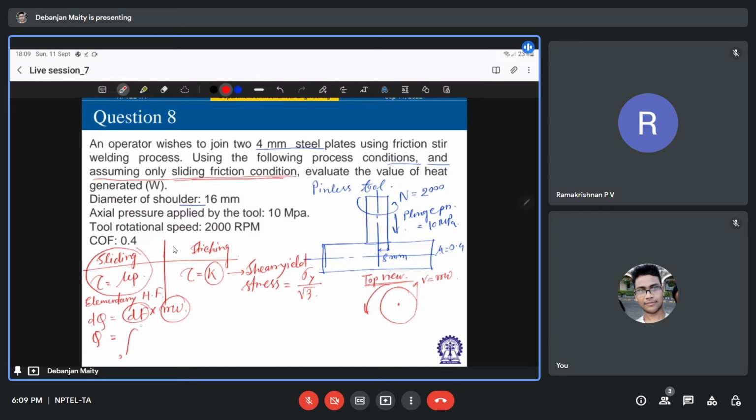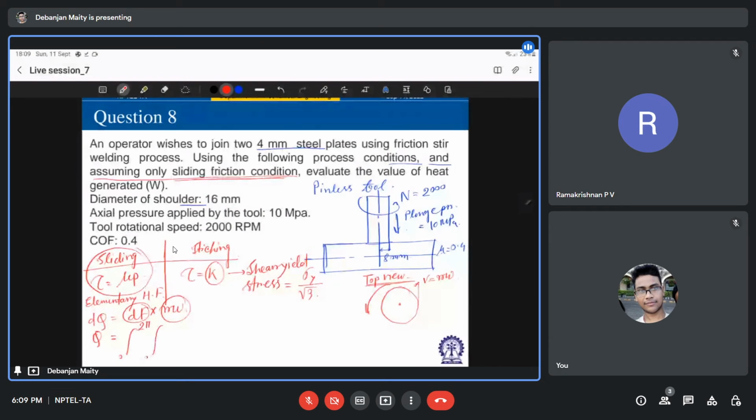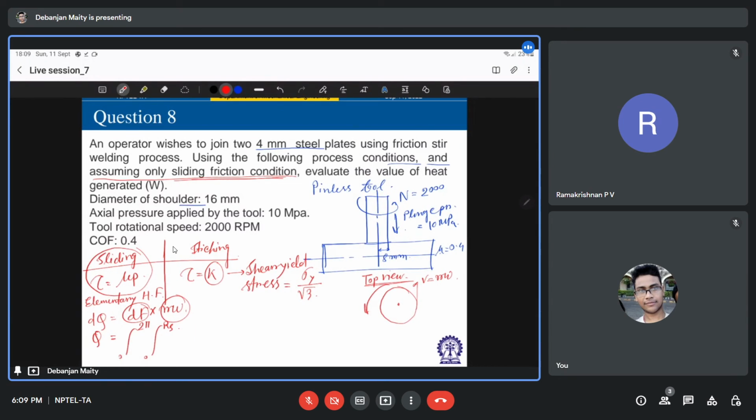It will be 0 to 2 pi and 0 to your shoulder radius, which we are taking as rs as of now, and then this is omega r, and for force what it will be? Stress into area, right?